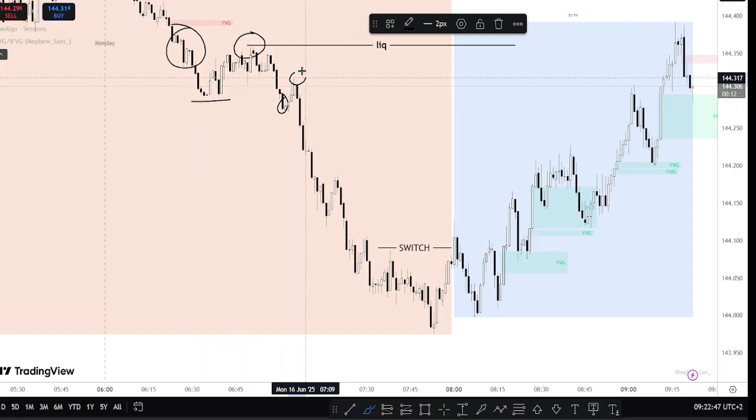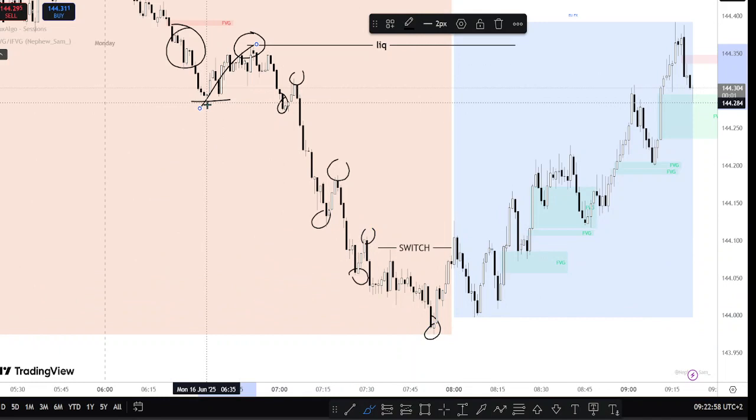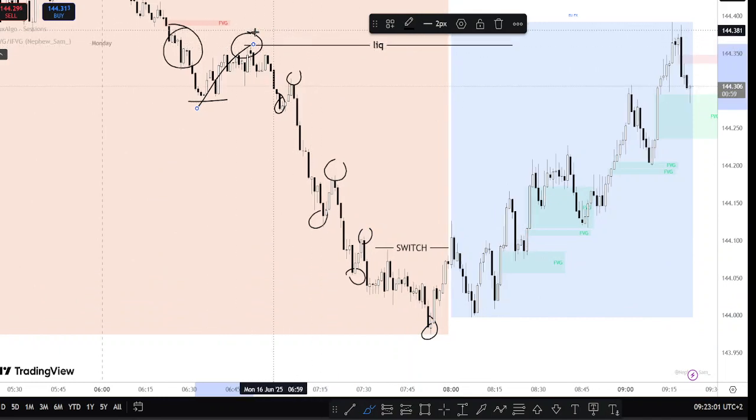And now we go down, we go down, we go down, and here we change the switch. Because this was the last move up, this is the lick for me. This is the target then, right?